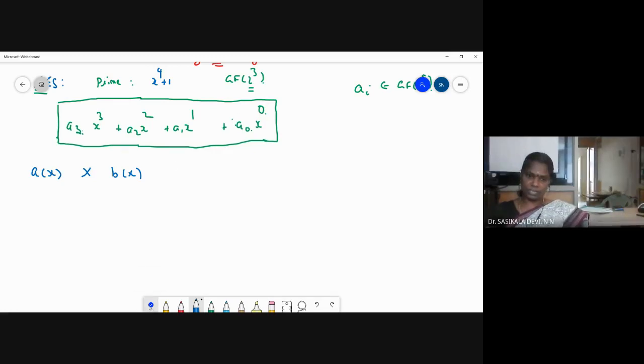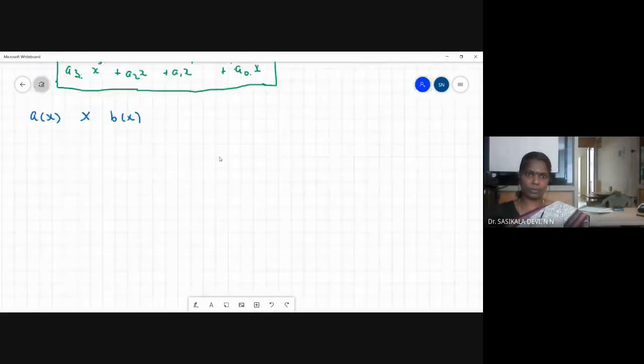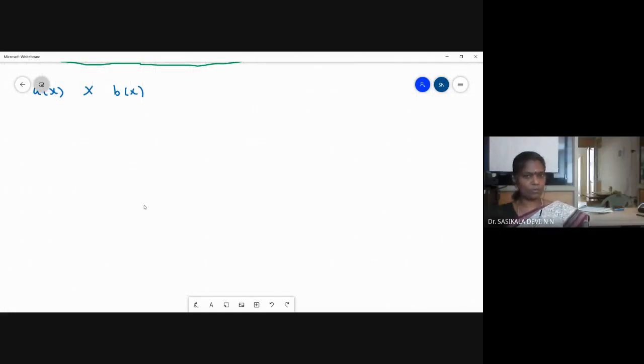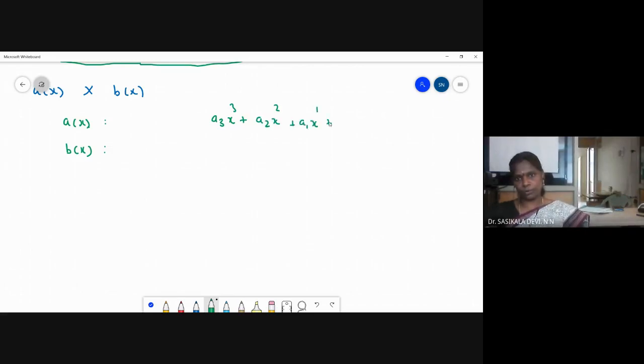So let's do that alone: how to perform the multiplication of two polynomials? Let me represent A of x as a3 into x power 3 plus a2 into x power 2 plus a1 into x power 1 plus a0 into x power 0.